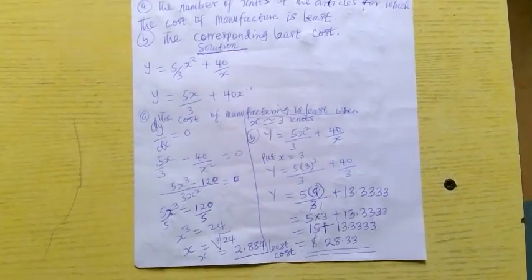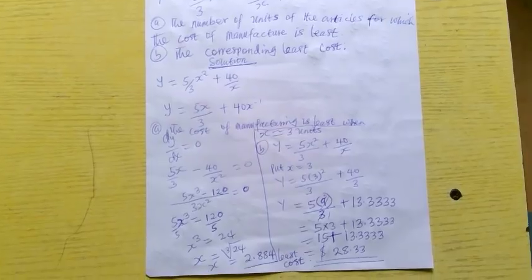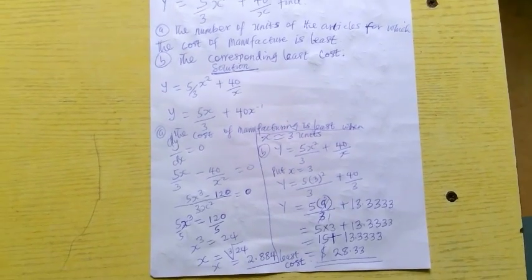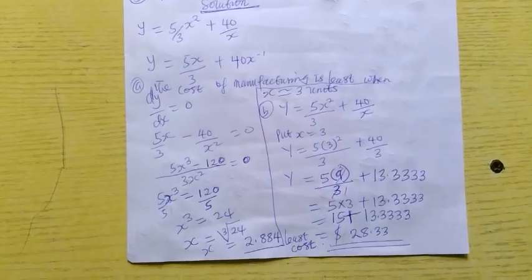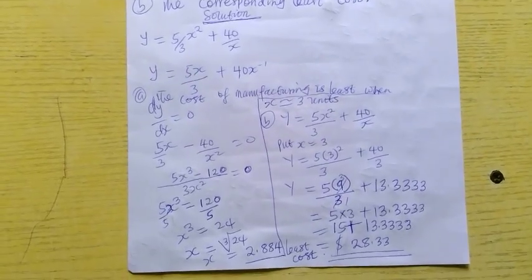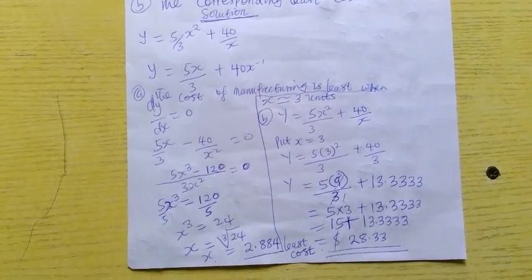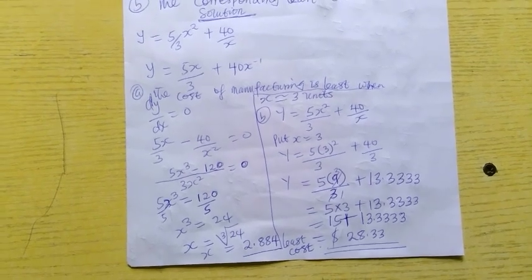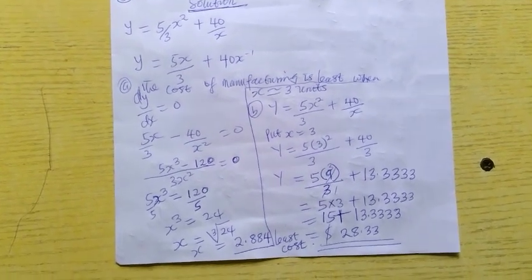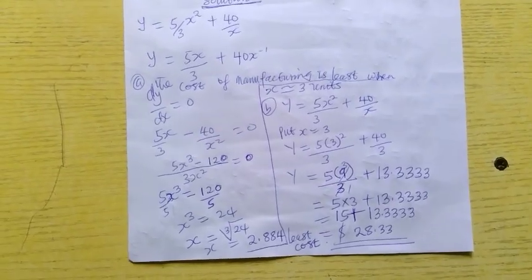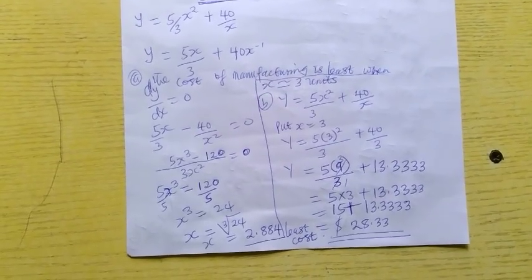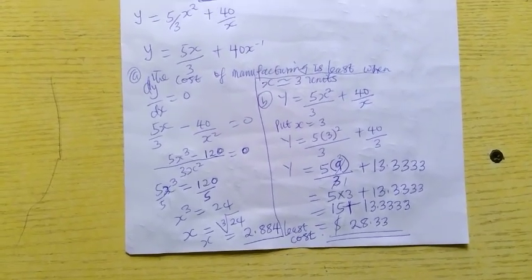The corresponding least cost. Don't forget, part A was for the number of units produced. So for B, you are talking about the unit cost, the real cost. Knowing that the units produced is 3, you substitute: 3 squared is 9, 9 divided by 3 is 3, so 3 times 5 is 15.